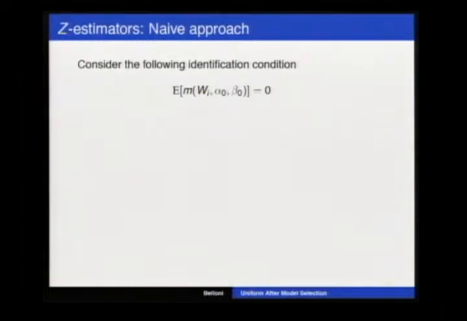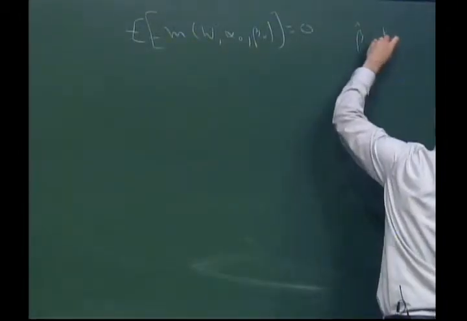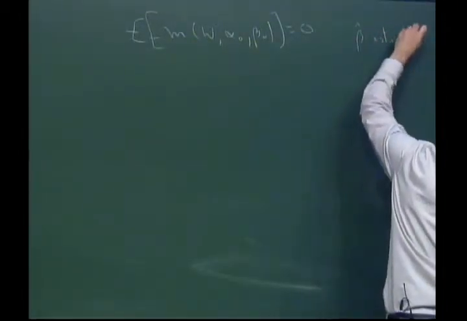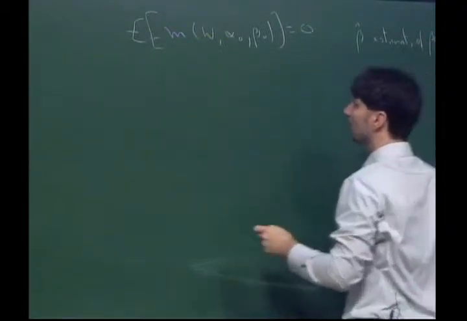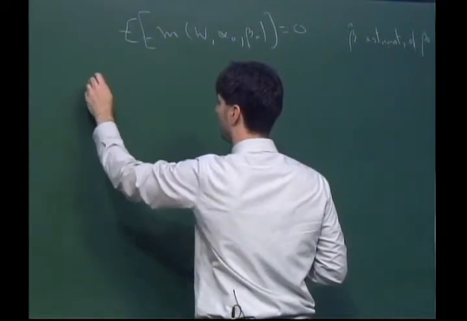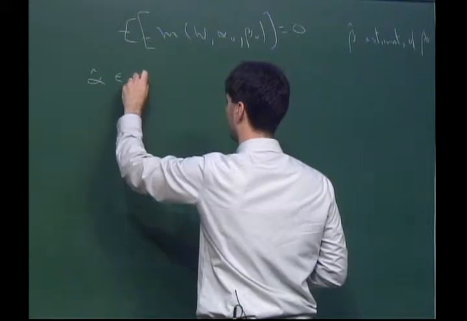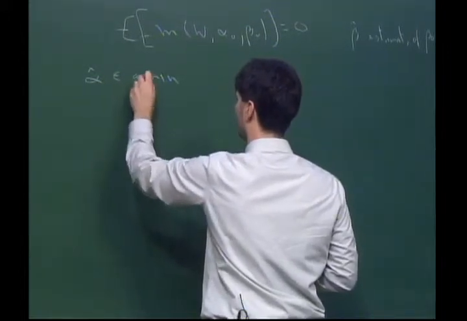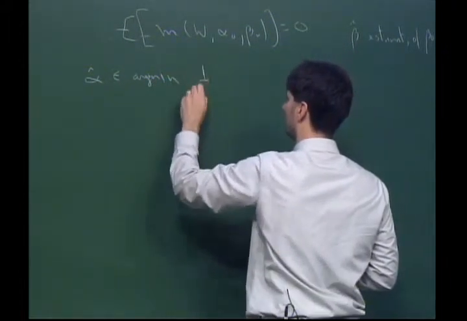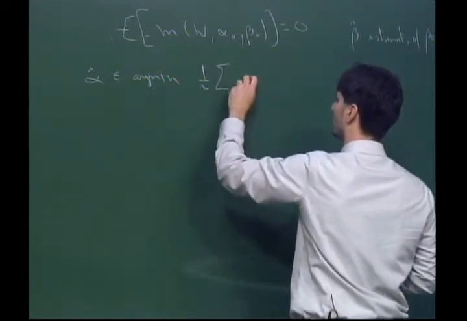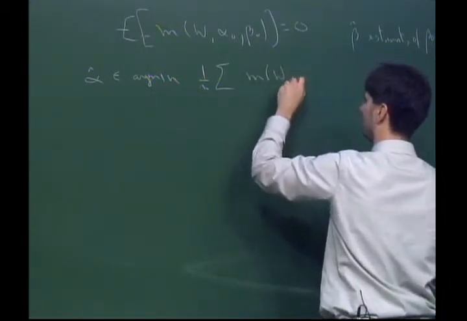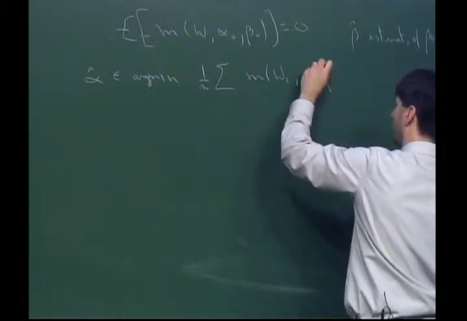So if I have the expectation of M(W, alpha naught, beta naught) equal to 0, and if I have beta hat, an estimate of beta naught, one way to proceed is to define an estimator to be the argmin of 1 over n summation M(Wi, alpha), and I plug in beta hat here.